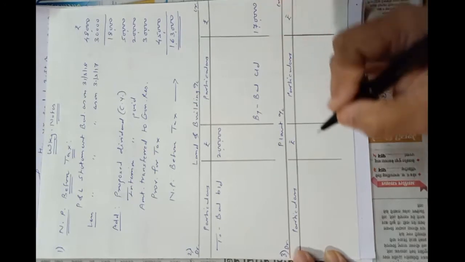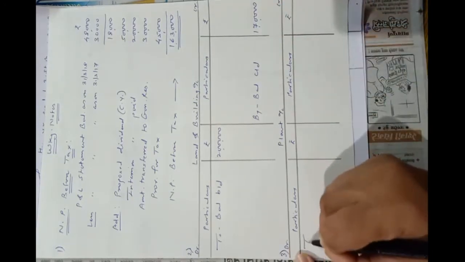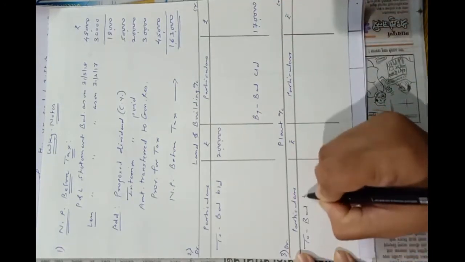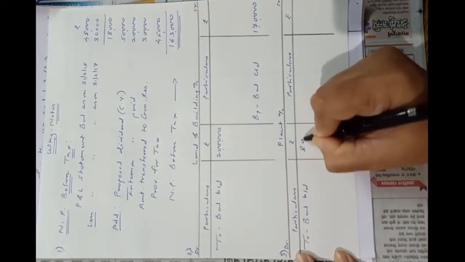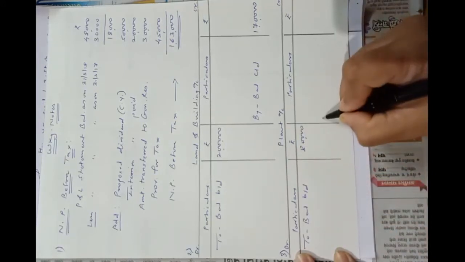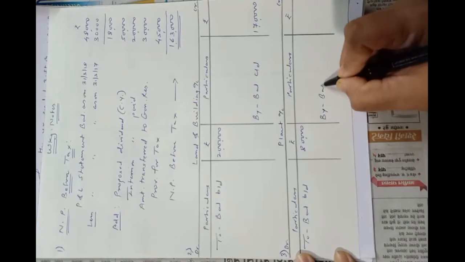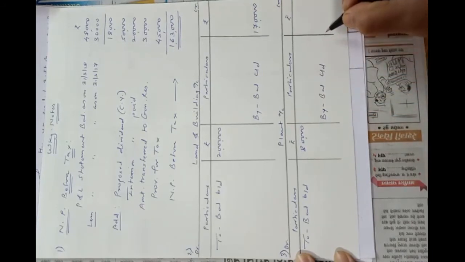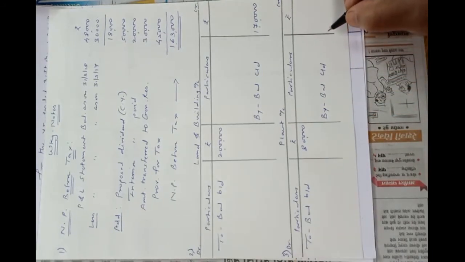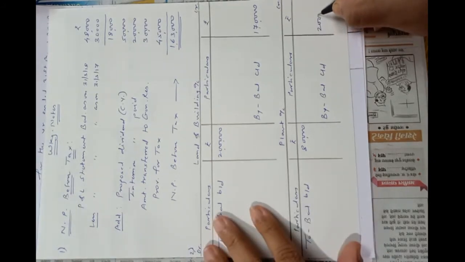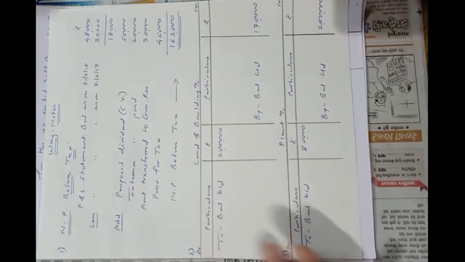Okay. In case of plant, to balance brought down 80,000 and by balance carried down, the closing balance given is 2 lakhs.